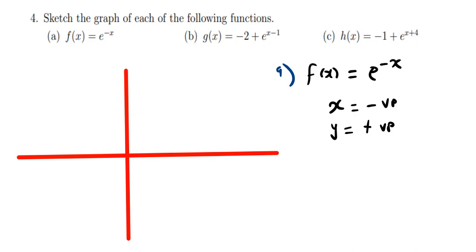So we have negative x in that direction and positive y. Here x is positive, y is negative, but now x is the opposite, actually x is negative. So that's the direction in which we are going. It is going to go in this direction.